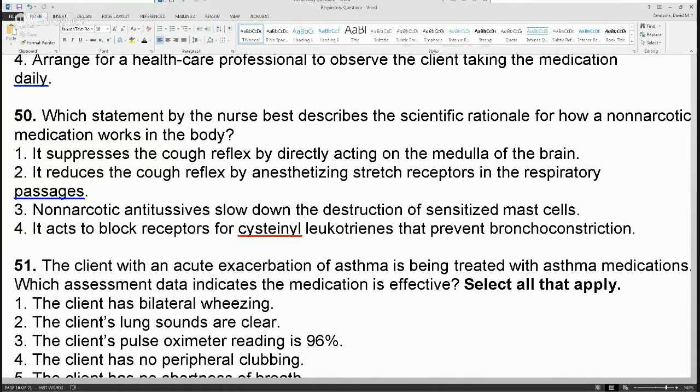It's not 4. 3? It's not 3. The answer is 2. Non-narcotic antitussives reduce the cough reflex at its source by anesthetizing the stretch receptors in the lungs and pleura by decreasing activity. And this is what Jeff was just talking about.